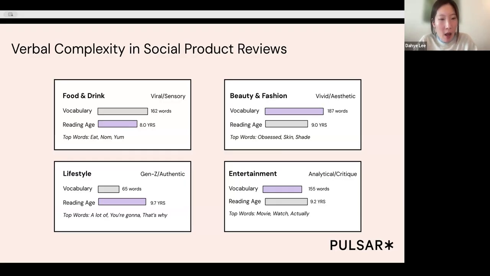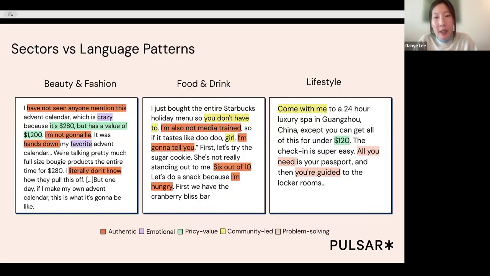And lastly, if we go to the next slide, we look at the specific language patterns they use to hook their audience. Through our video transcription analysis, we tag the language used in top performing review content across these sectors, and you can see the distinct patterns color coded here. In beauty and fashion, the transcript is almost a sea of orange and purple, which represent authentic and emotional language.